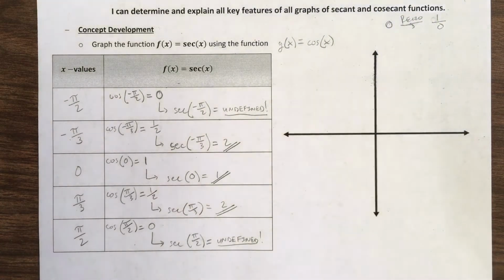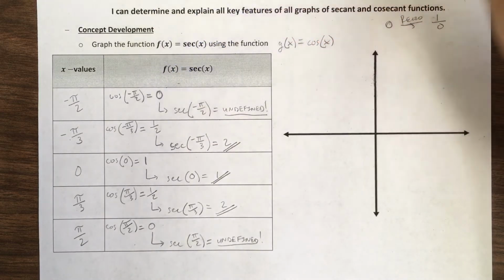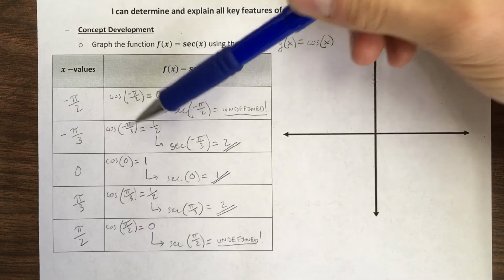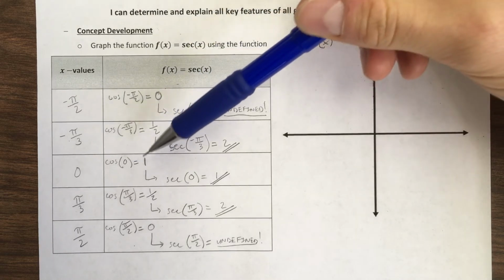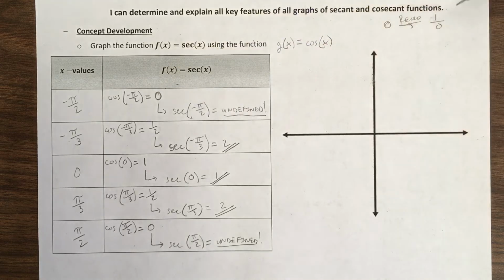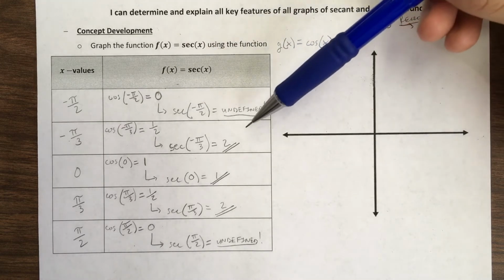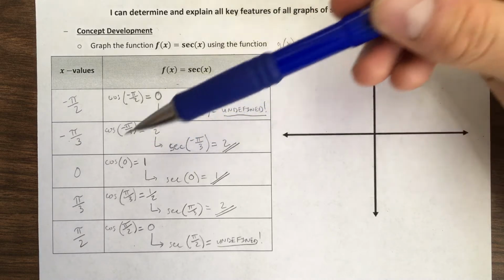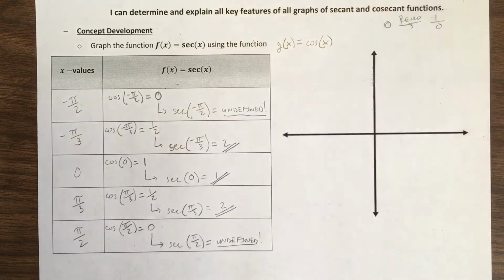So where are these values coming from? I'm plugging in these values from the unit circle. You can plug in negative pi over 2 to get 0, negative pi over 3 to get 1/2, 0, 1. Once I do that, then we can take the reciprocal. Again, the reciprocal of 0, similar to what's happening here, is going to be undefined. The reciprocal of 1/2 would be 2. The reciprocal of 1 is still just 1, and so on.